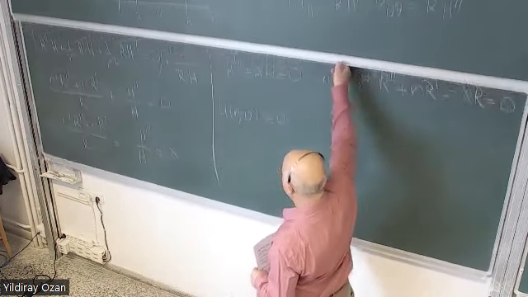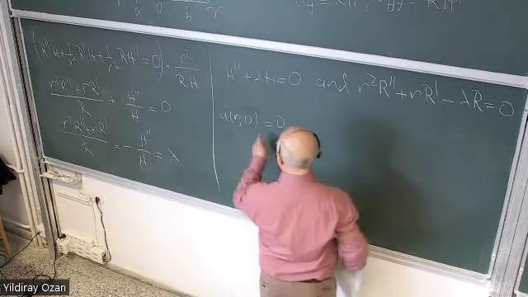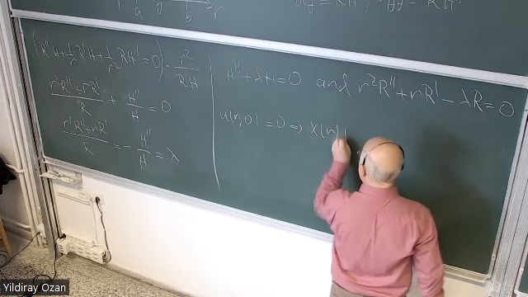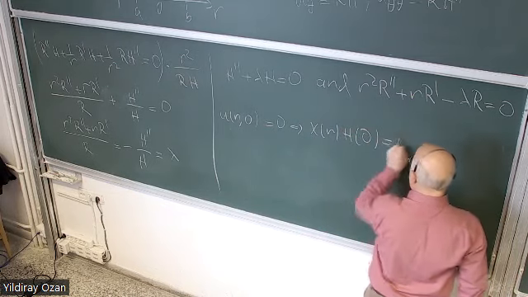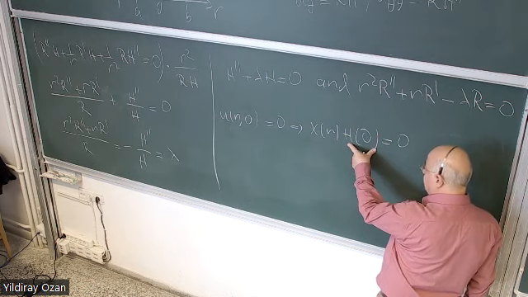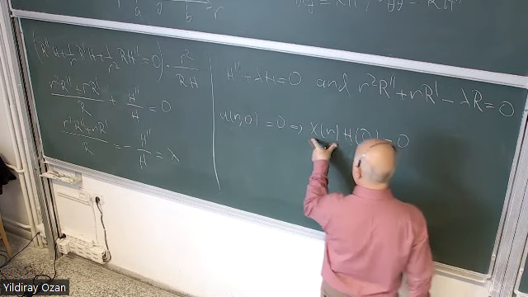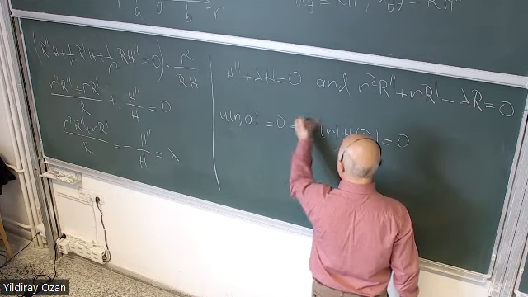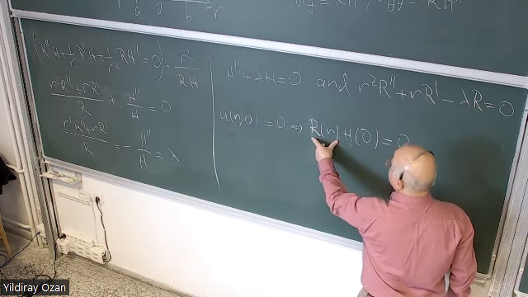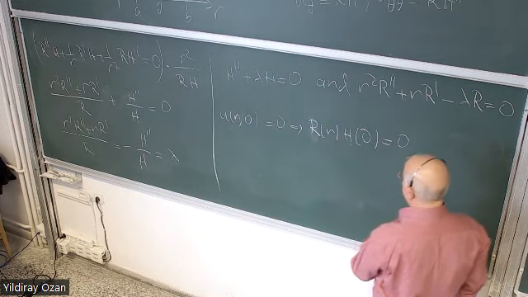Okay. Well, this means R of r times H of 0 equals 0. And if R is not 0, then of course H of 0 is 0. I am sorry, this is R, not x. If R is 0, the whole solution is 0.